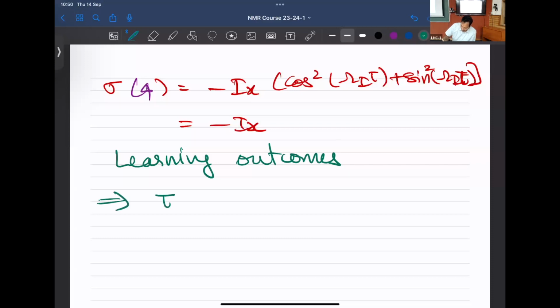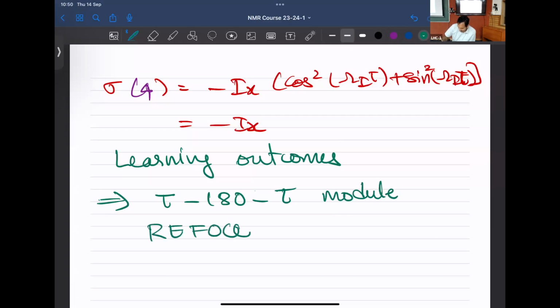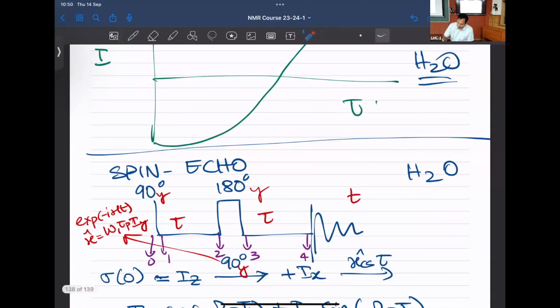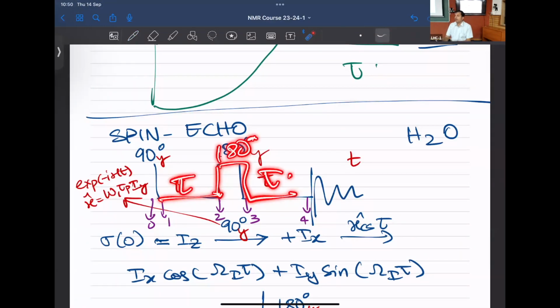What you learn is that a tau 180 tau module refocuses chemical shift. What is happening is that this module, tau 180 tau module, in general, when you have a delay, evolution happens.